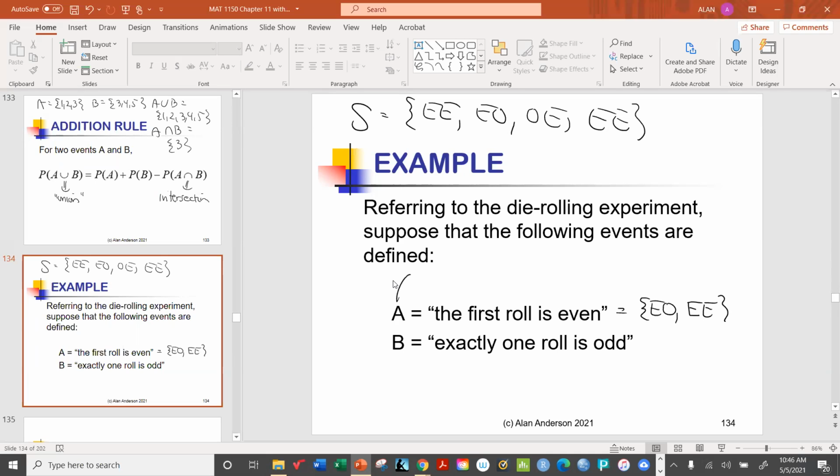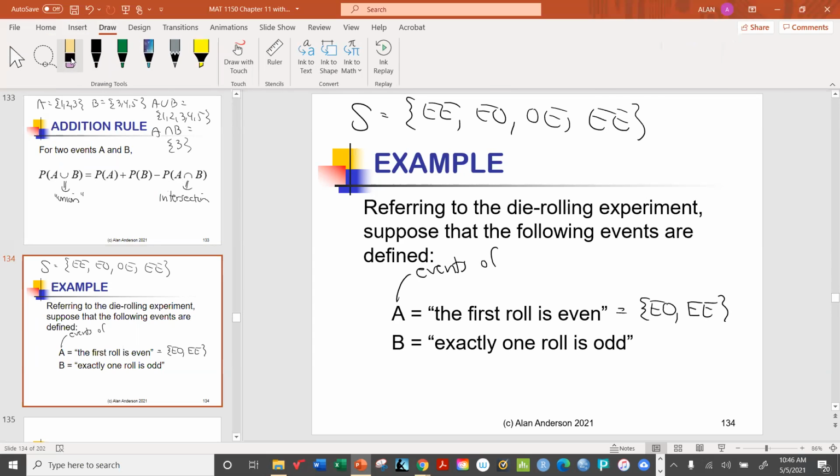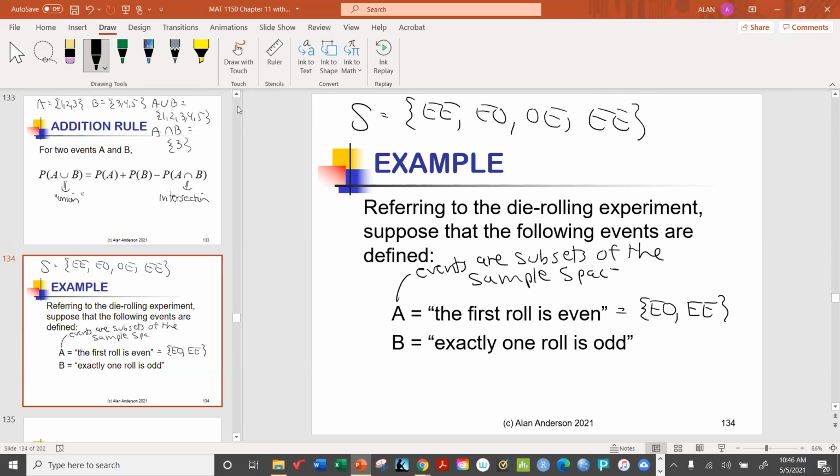Each of these, by the way, are events. And remember, we define these as subsets of the sample space. So they're sets themselves, and they're completely contained within the sample space.